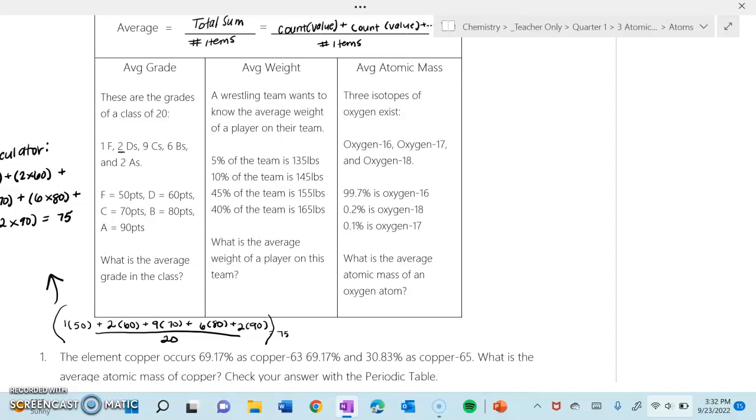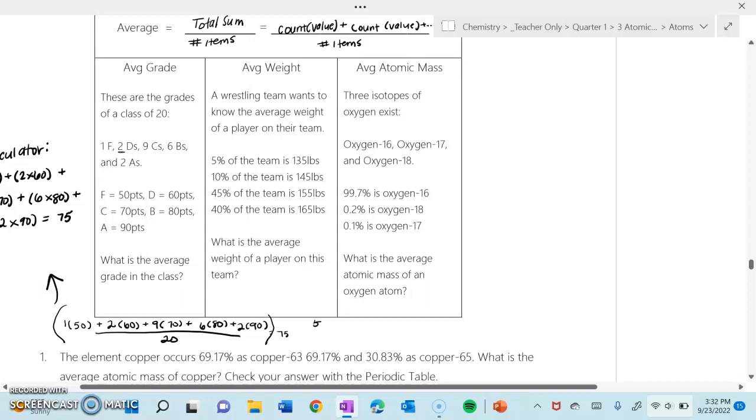So let's do the work for this, starting with our first count. So we have 5 of the 100 with a value of 135. Then we have 10 with a value of 145.